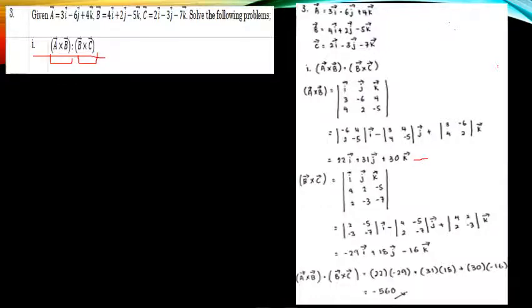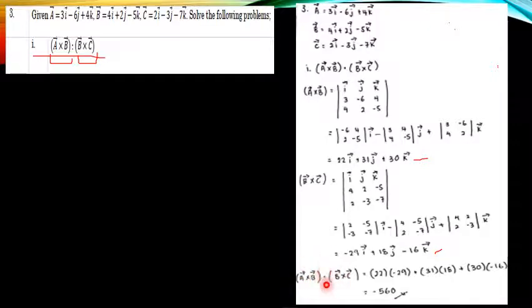For the next vector product, vector B and vector C, I use the same steps as finding the determinant. My answer is negative 29i plus 18j minus 16k.